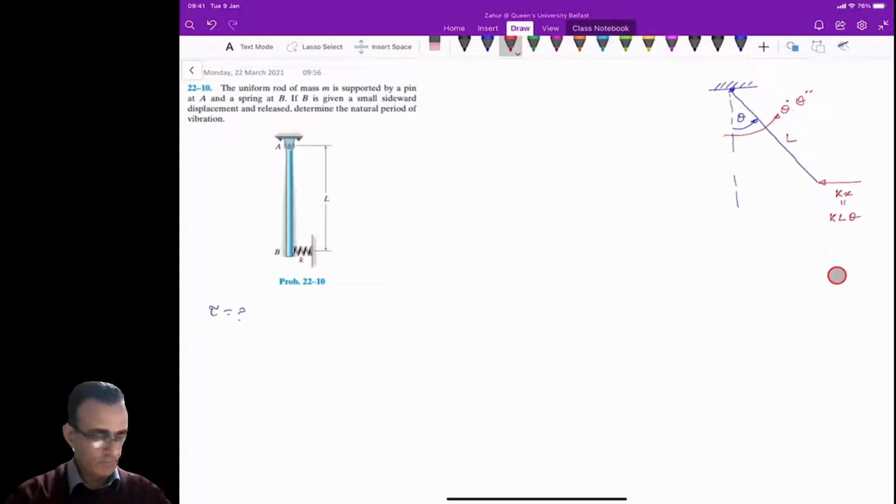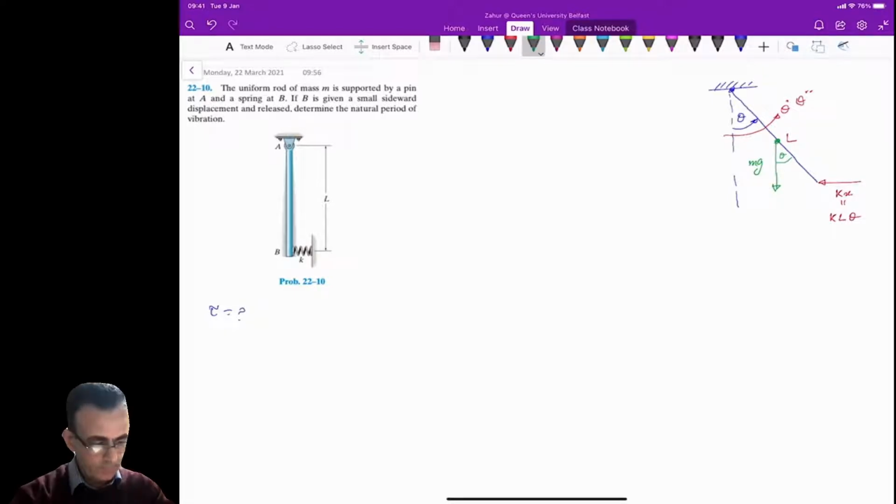So we'll just write it in this way. In addition to this, the mass of the body will act here. So this is the weight, which is again mg, and this angle again is theta.